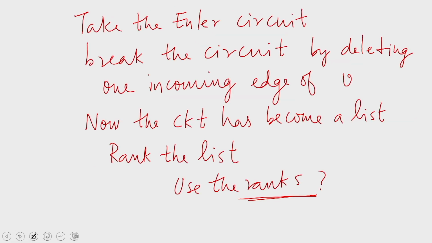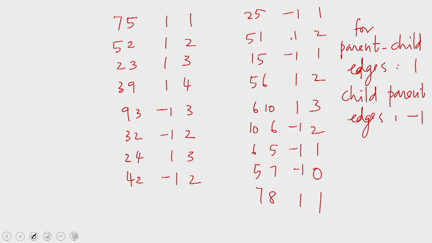After finding the prefix sums in this manner, all we have to do is to use the prefix sum to find the rank of every single vertex. So, the processor sitting on the parent child edge coming into a vertex can assign its level. So, look at the edge 7, 5.